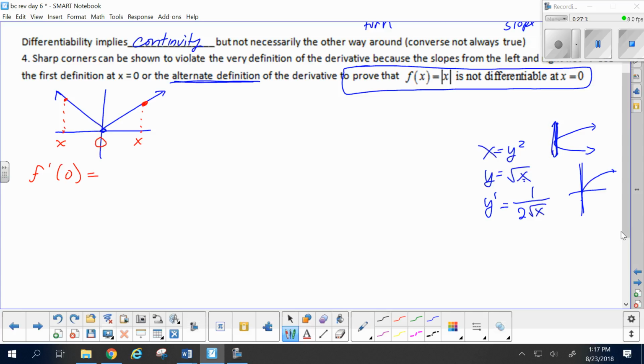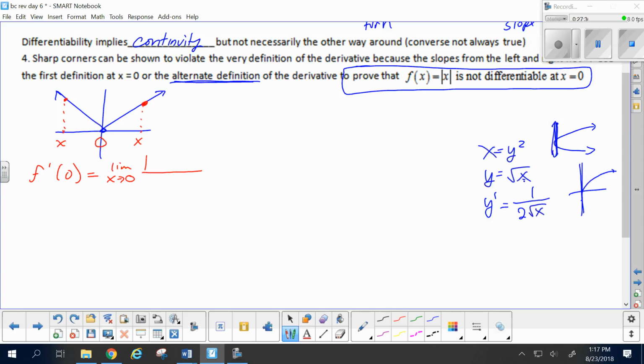Now, in the alternate definition, let's start by saying the derivative at 0 equals, and when you're asked to prove things with derivatives, you almost always work in the definition of the derivative, right? So if the derivative exists at 0, then it must be the case that the limit as x goes to 0, alternate definition, what's the slope?